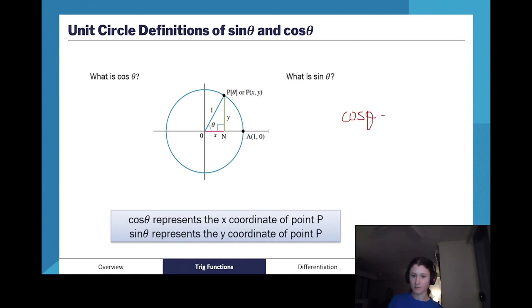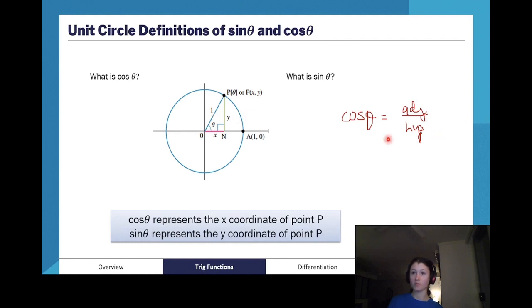Cos theta is equal to the adjacent over the hypotenuse. So if we have theta here, our adjacent is this pink x line, and our hypotenuse is 1.